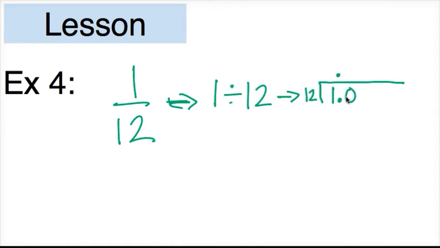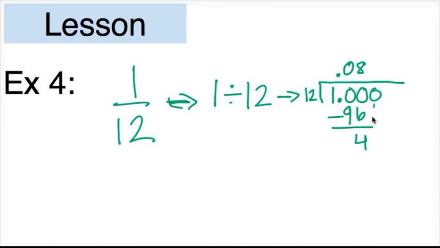There's nothing times 12 that equals 10. Now I know it's 1.0, but since I brought that decimal up, I can ignore it right now and just focus on the digits. Nothing times 12 gets me 10, so I place a 0. Give myself another 0. What times 12 gets me close to 100 without going over? It's 8. And 12 times 8 equals 96.